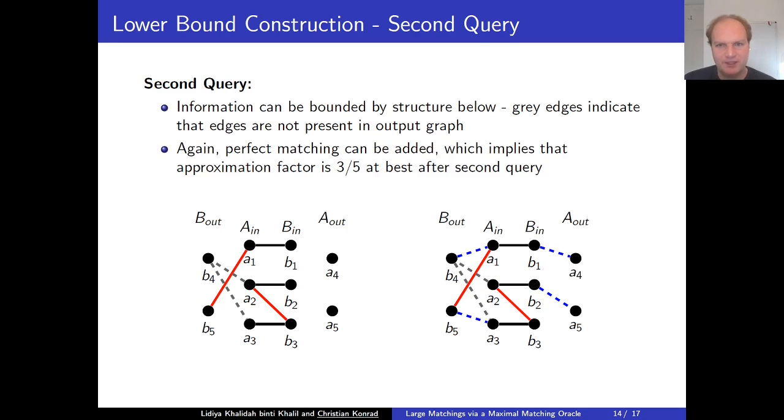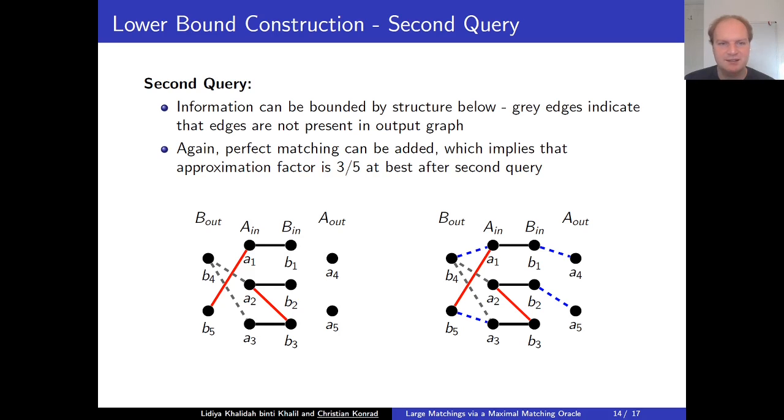After the second query, we are in this interesting situation. Again, up to isomorphism, we can show that all the player knows are the 3 black edges from the first round and the additional red edges. The player also knows that the other edges between B4, A3 and B4, A2 definitely don't exist in this structure.